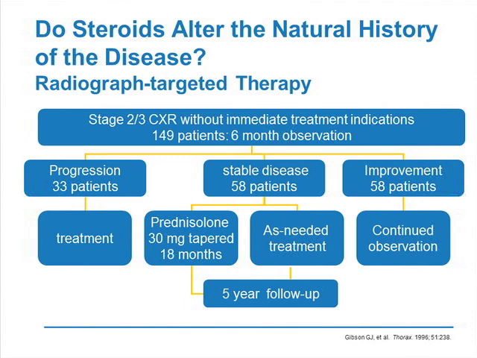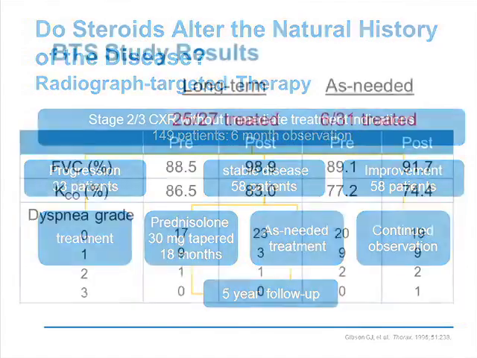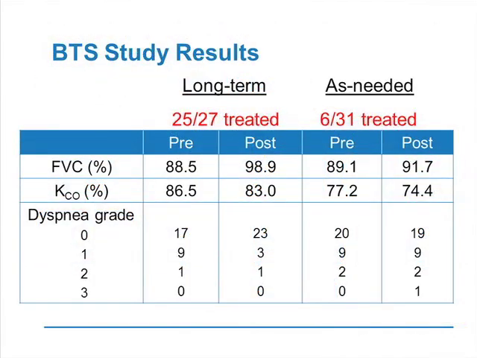At the end of 6 months, there were 58 patients with stable disease, and these were randomized, alternately treated to either prednisolone or as-needed treatment with a goal of maximizing the radiologic improvement. And so the therapy was individualized on a per-patient basis. You can see that the therapy in the upfront treatment arm was relatively aggressive insofar as they were treated for 18 months.